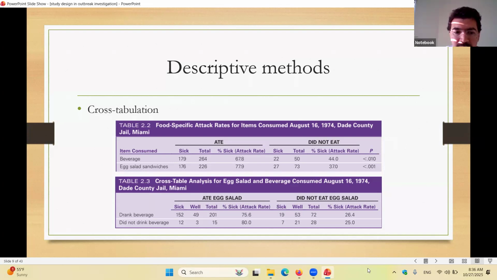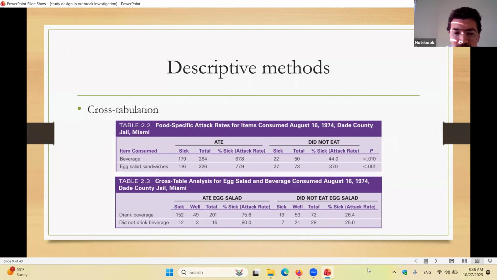And in each group, we compared drank beverage and did not drink beverage. As you see, there is no difference between the percentages for drinking or not drinking beverage.